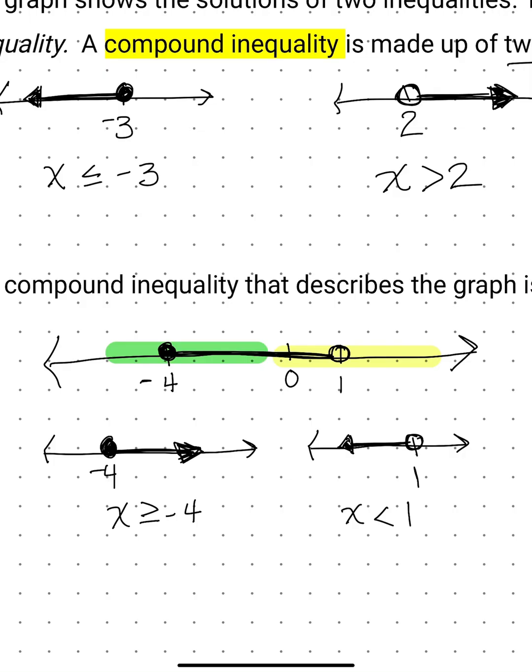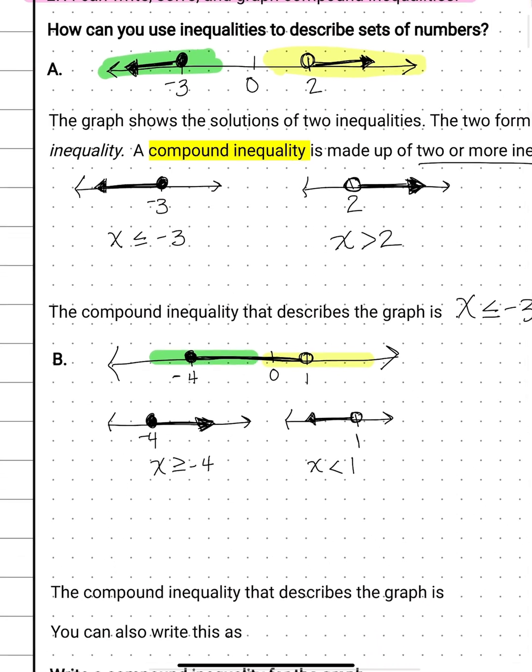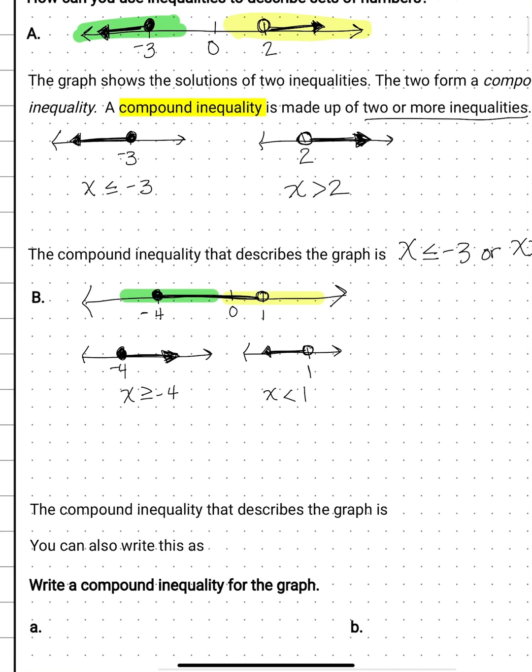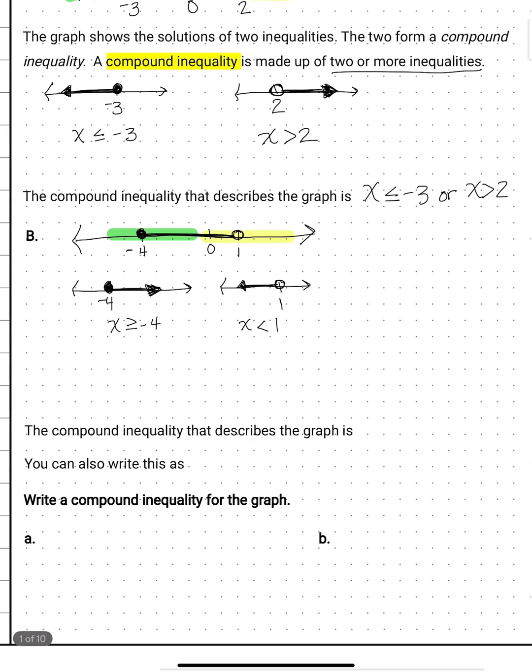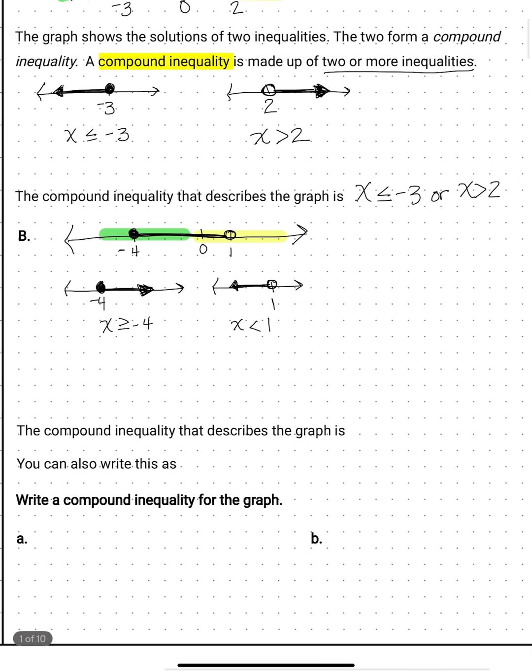So to represent that as a compound inequality, because it's the in-between values, the compound inequality that describes the graph would be -4 less than or equal to x, and x is less than 1.